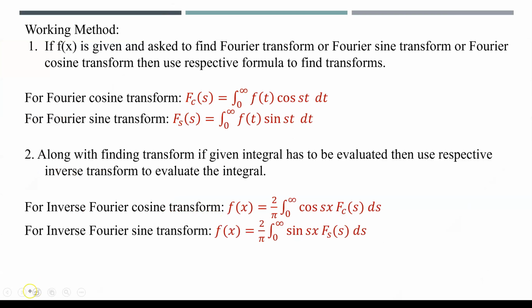Now, let us see the working method. Here, if the function f(x) is given and if we want to find Fourier sine transform or Fourier cosine transform, we have to use these formulae. Now, if in any question there is any sub question, means to evaluate any integral after finding this Fourier transform, then we have to use inverse Fourier cosine transform or inverse Fourier sine transform according to the given question.